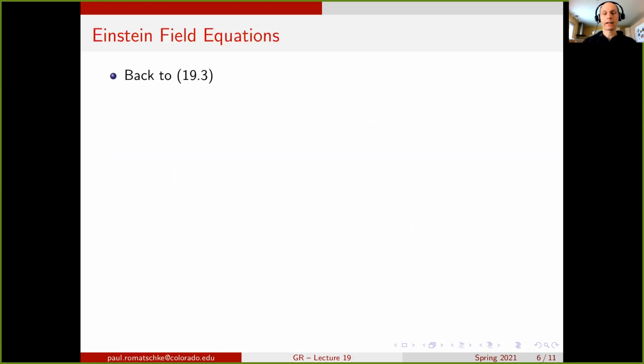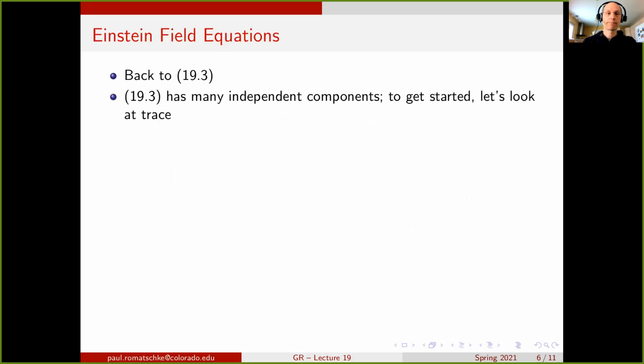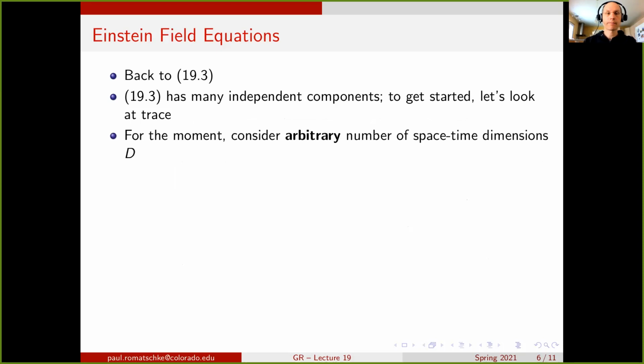Okay, let's now go back to our equation that we got from the conservation law. The conservation law 19.3 has many independent components. To get started, we can look at the trace of these equations. To make it a little more interesting, let's look at the trace of this equation for an arbitrary number of space-time dimensions, which we call d. So in particular, our universe in 3 plus 1 dimensions would have d equal to 4.